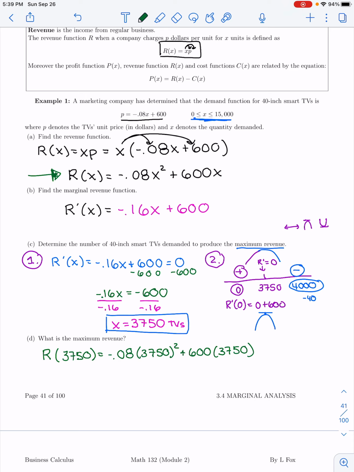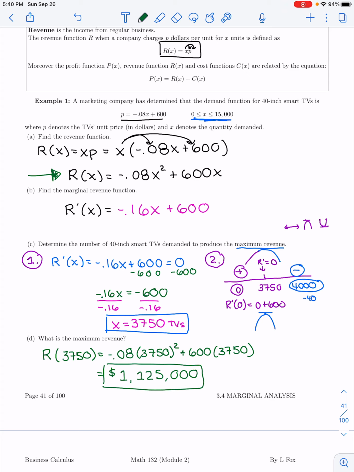When you plug into negative 0.08x squared plus 600x, plugging into that original function, you would obviously probably need a calculator for this. And what I'm getting in my calculator is $1,125,000 as their maximum revenue.